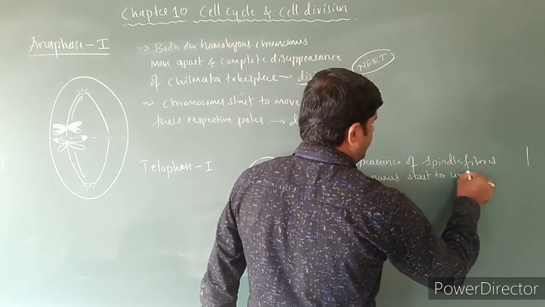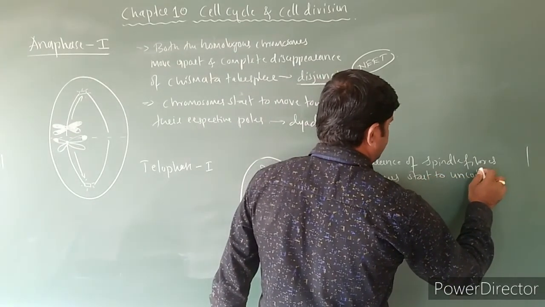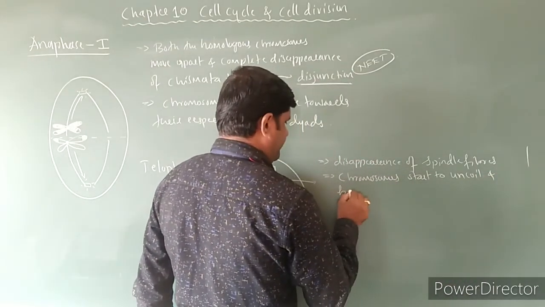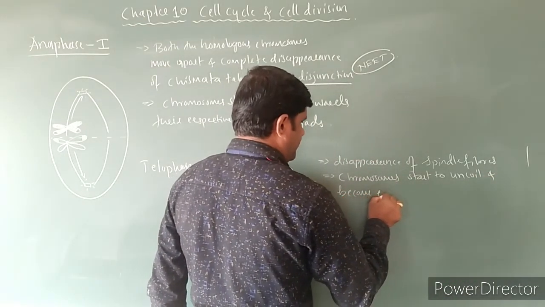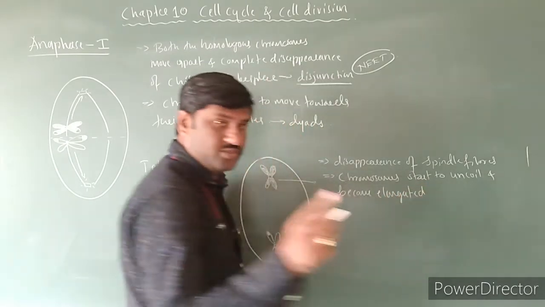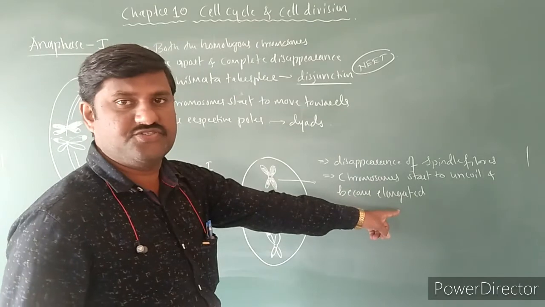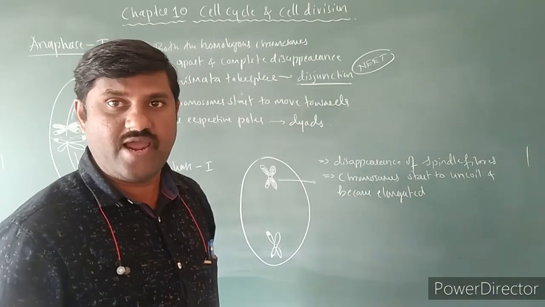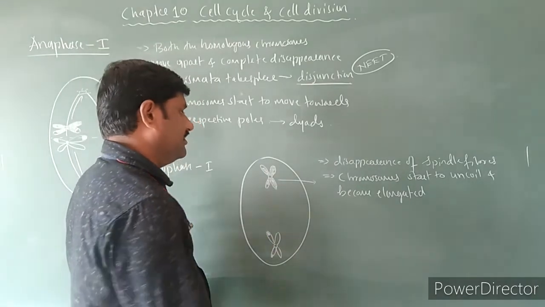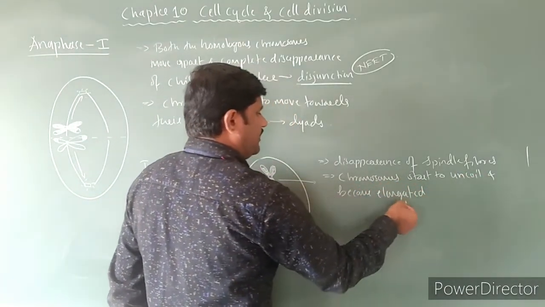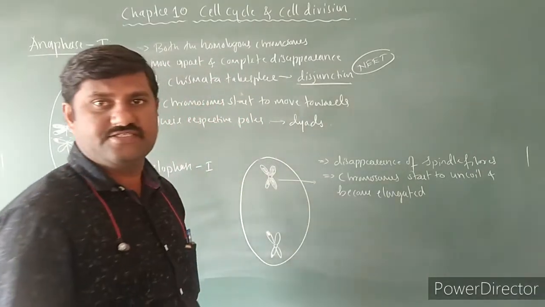to uncoil and become elongated. The chromosomes become elongated, thread-like structures, not completely chromatin material, remember. So the chromosomes become very thin and uncoil, and they become elongated structures.